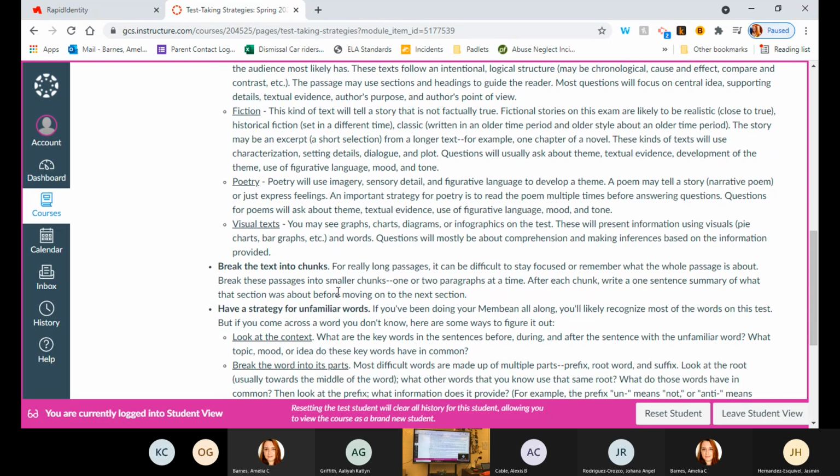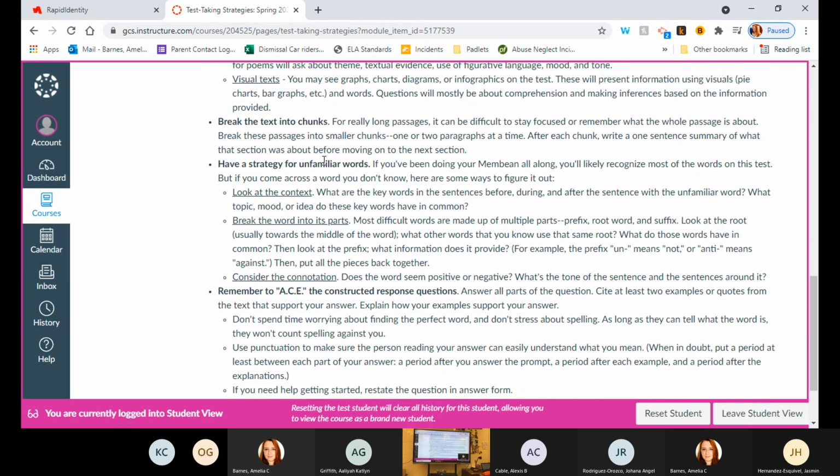And you might see some visual text. So these would be like charts, diagrams, or infographics. They've started adding these in recent years to see if you can infer information based on a graph. There's usually maybe only 1 of these on the test, but you might see 1, and just don't be caught off guard by it.